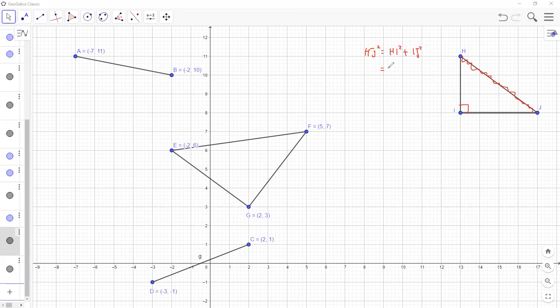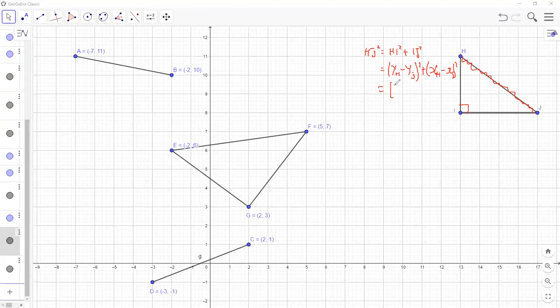And then we established that at the end, it all comes down to saying the y coordinate at H minus the y coordinate at J all squared, plus the x coordinate at H minus the x coordinate at J all squared. And we realized it does not really matter how we put it because they are all squared, so it will always be positive.